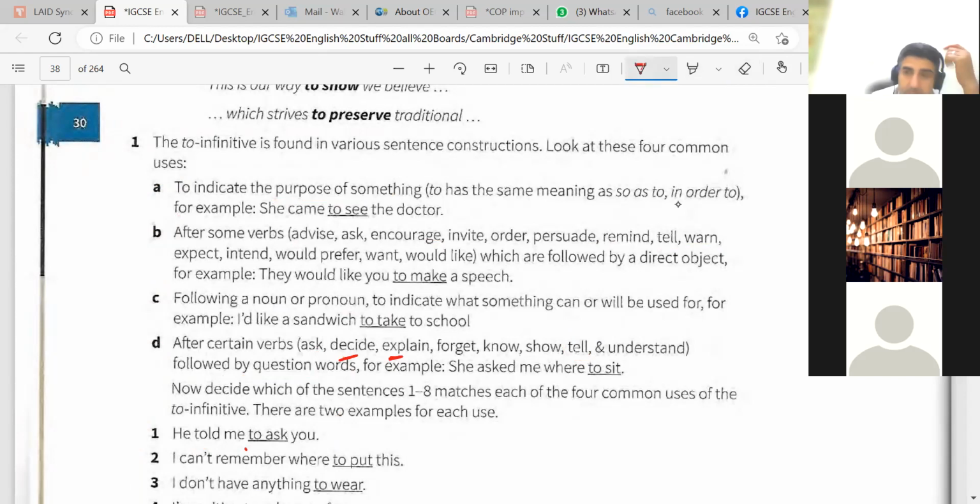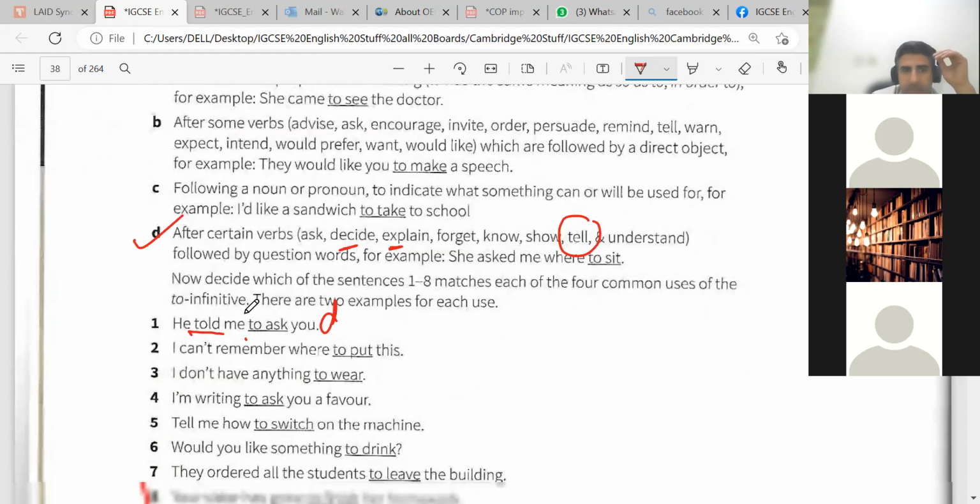Why write to here? Because here, look, D, after certain verbs. Here, told. So after tell, you need to use to plus infinitive. So which function in this one? D. Does this make sense? Is it clear now? Yes. Right.